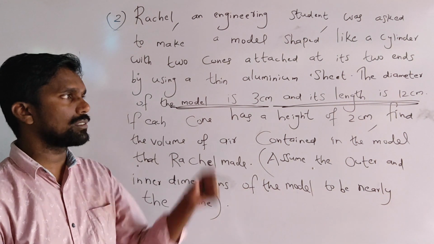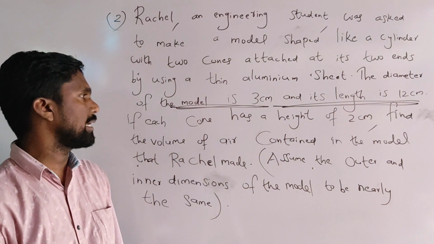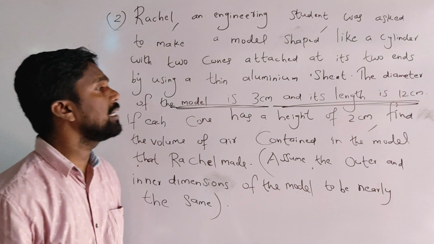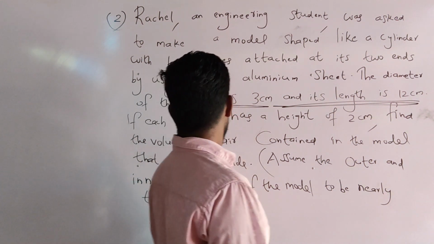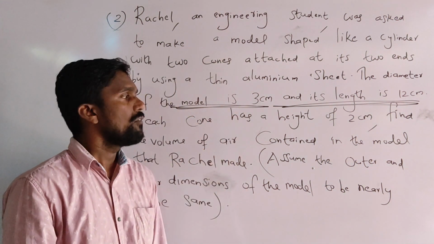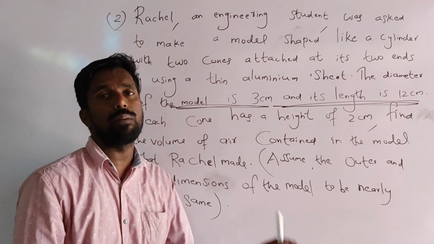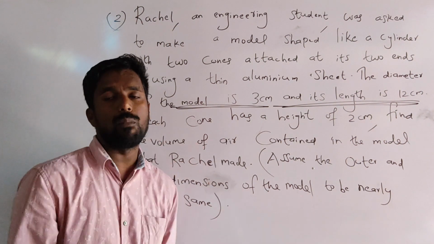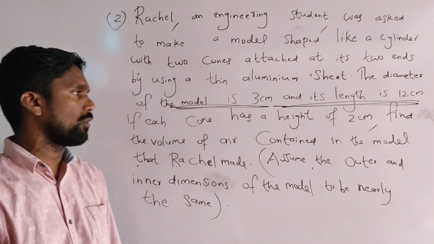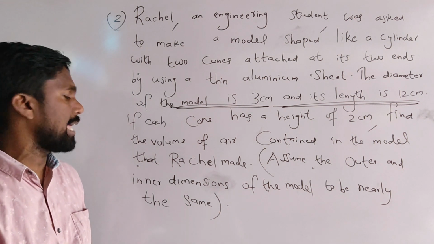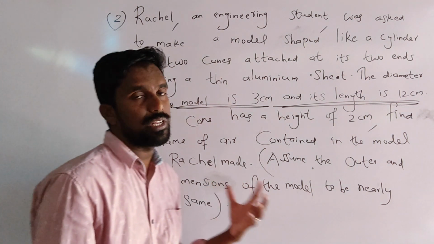That means one cone height is 2 centimeter, and the other cone is also 2 centimeter. Find the volume of the air contained in the model that Rachel made. It is given to assume that the outer and inner dimensions of the model are nearly the same.